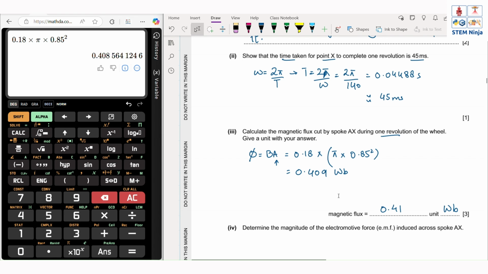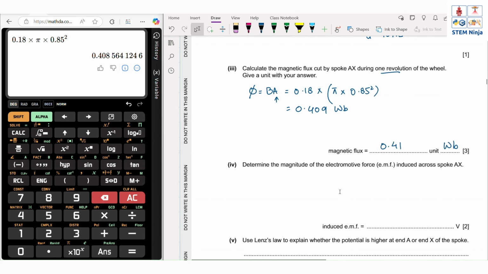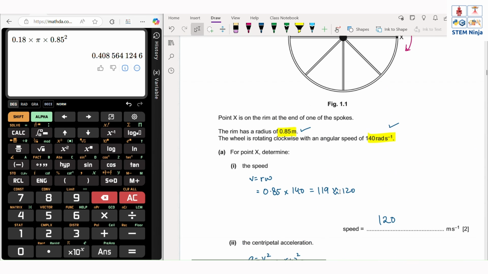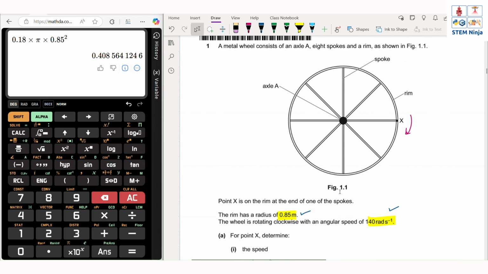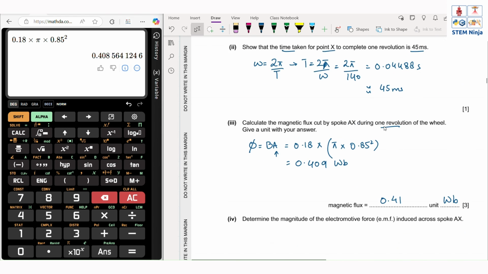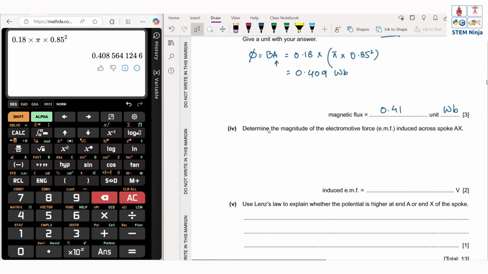Determine the magnitude of electromotive force induced across the spoke AX. So spoke AX is this. This is your A, this is your X. We need the rate of change. According to Faraday's law, the EMF is equal to the change in flux over change in time.